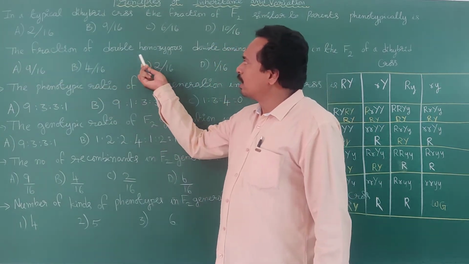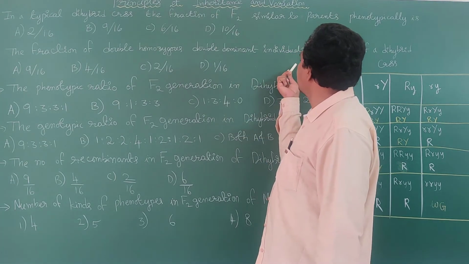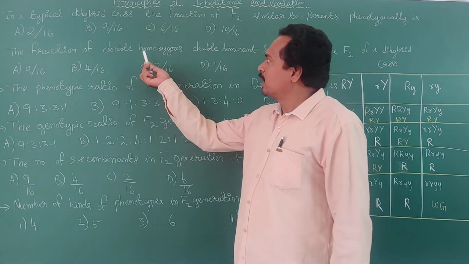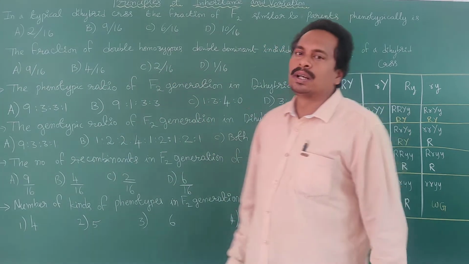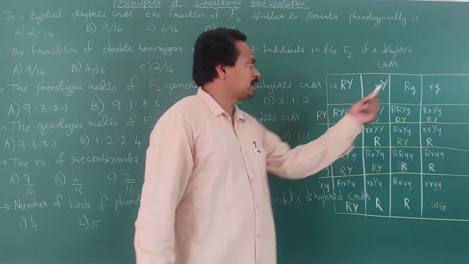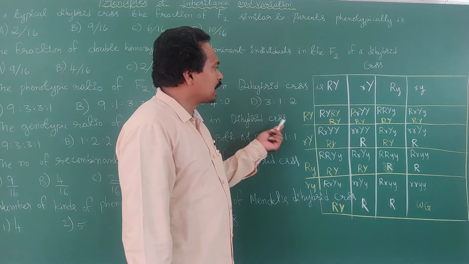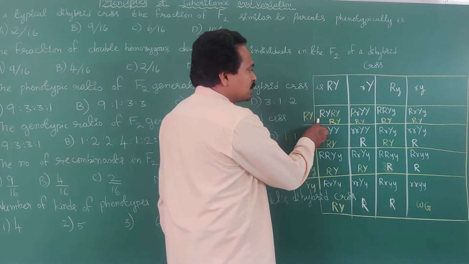The fraction of double homozygous, double dominant individuals in the F2 generation. How many are there? Look here in this box.